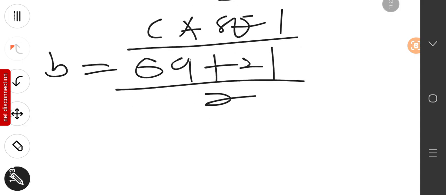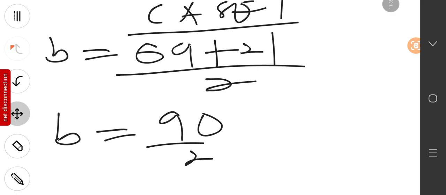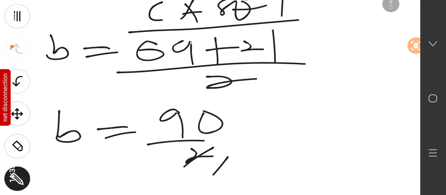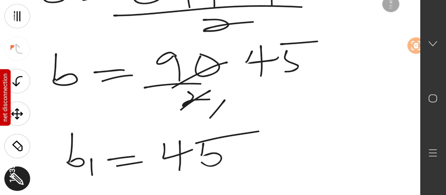So b equals 90 over 2, and 2 cancels itself, 1, and 2 into 90 is 45.